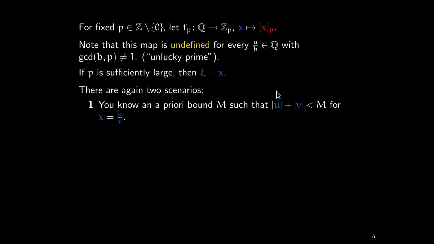And in this case, well, here's some of the information on how big the box is. You have to choose a prime that is more than twice as much as m squared. And then you can be sure that u and v can be uniquely determined from the psi that is defined as the fraction that is equivalent to x and has the smallest numerator and denominator.